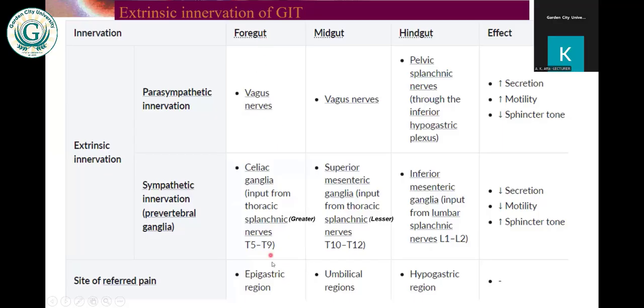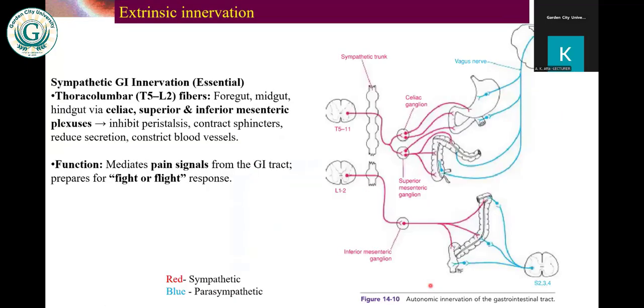Pain from the foregut will be referred to the epigastric region. Pain from the midgut will be referred to the umbilical region. Pain from the hindgut will be referred to the suprapubic or hypogastric region. So this simplifies the innervation of the GI tract.